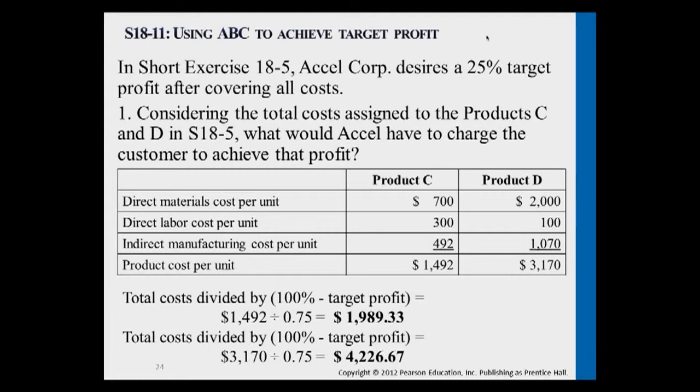If we're trying to get 25% profit from whatever the product cost is, multiplying 1492 by 0.25 gives you 25% of the product cost, which you can add to 1492, which should give you 25%, no?